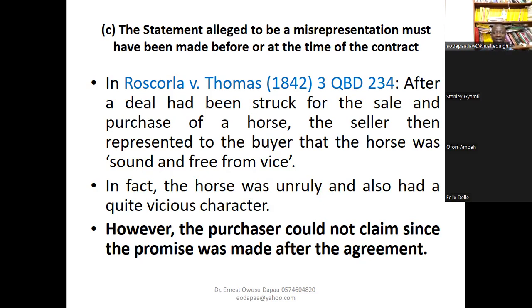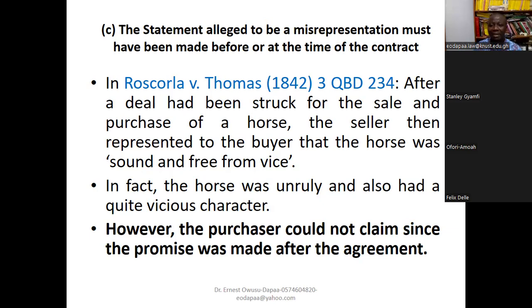And later on, it was demonstrated that the horse was really unruly and also had a vicious character. That is to say that the behavior of the horse was contrary to what the seller had said about it. So the purchaser felt that he had been deceived and wanted to get the transaction rescinded.